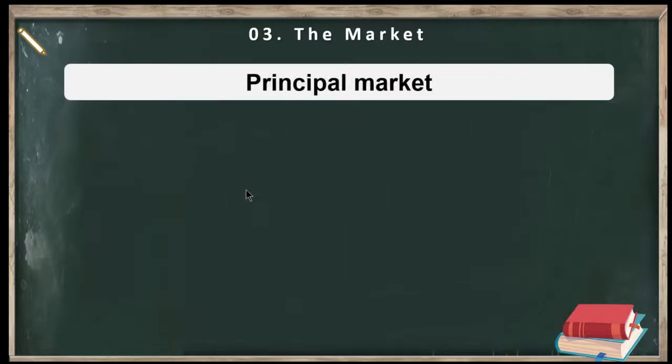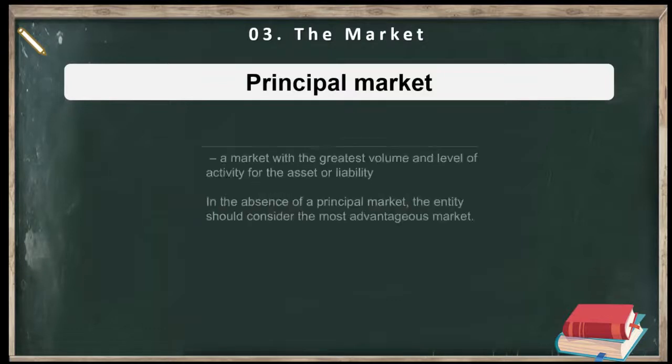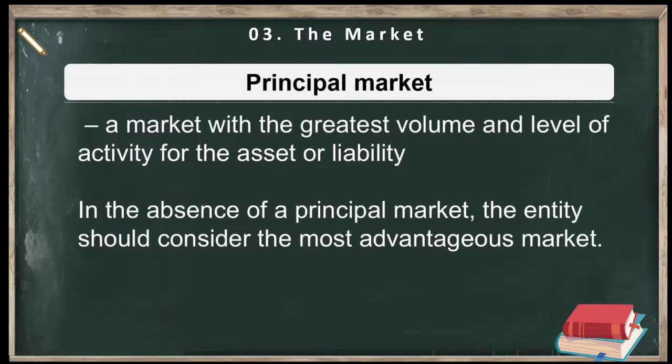Then, we mentioned earlier that there would be a principal market. So, we can base the fair valuation on the principal market. The principal market is a market with the greatest volume and level of activity for the asset or liability. If there's no principal market, the entity will consider the most advantageous market.